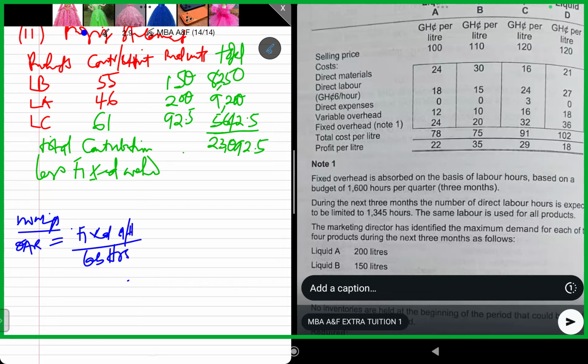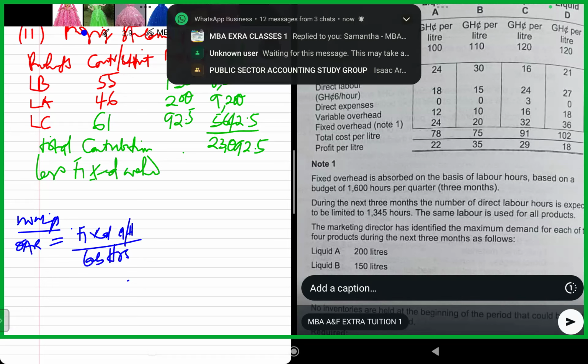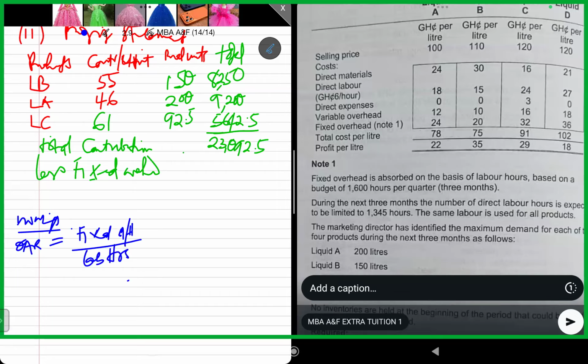And the OAR is like variable cost. It's like you're finding per unit of something. So if you are finding per unit, why don't we concentrate on the per unit figures here? So fixed overhead per unit over labor hours per unit, right?